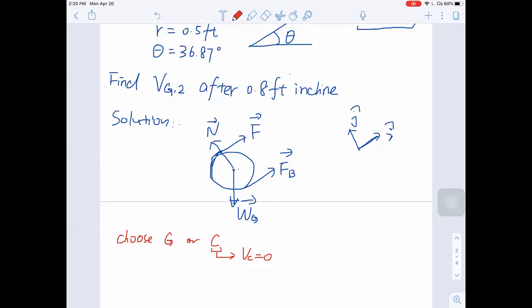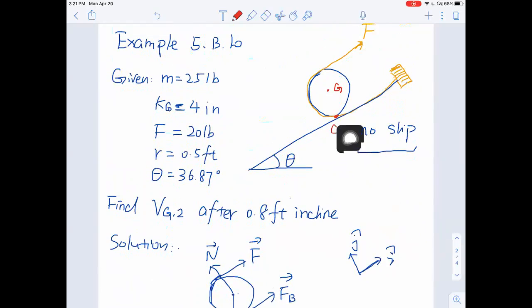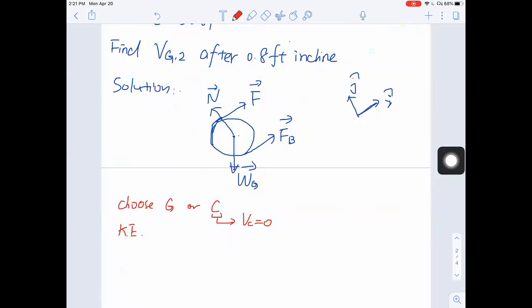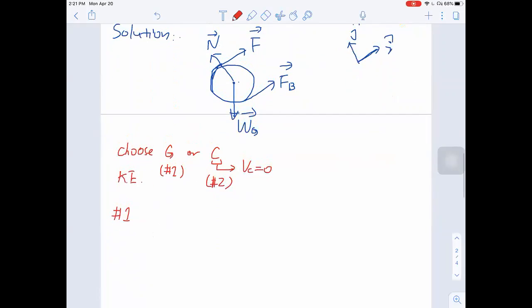So to calculate kinetic energy, you can either pick the mass center, G, or any point that has velocity equal to 0 on the rigid body. In this problem, the no slip contact point has 0 velocity. Therefore, you can pick either G or C. Let's call these approach number 1 and approach number 2. Let's start with approach number 1, pick the center of mass.